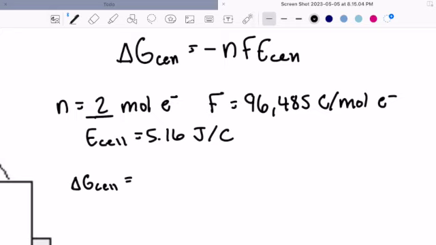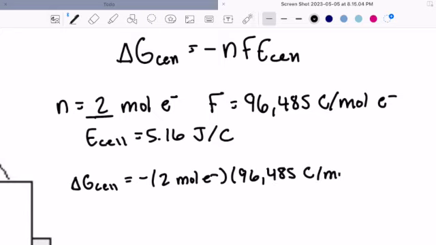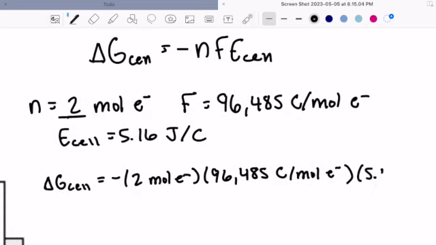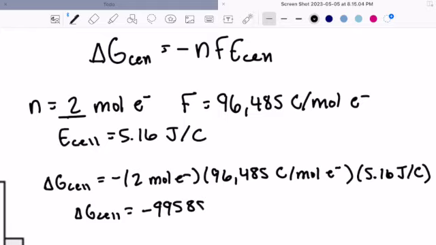Delta G cell equals negative 2 mole electrons times 96,485 per mole electrons times 5.16 joules per coulomb. And then the total value of this is going to be negative 995,880 joules.